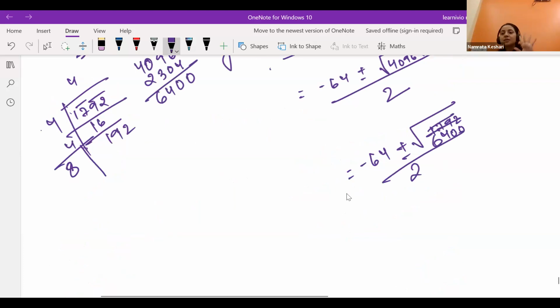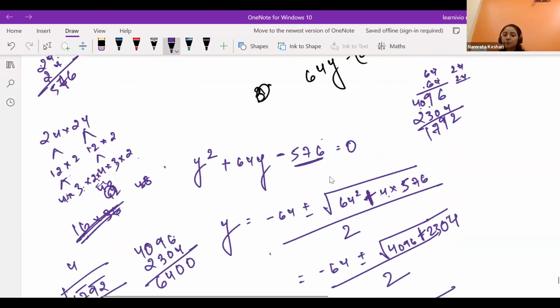Are you getting the same quadratic equation? Yes, ma'am. Okay. I got stuck because I subtracted them. But think about it, our c is negative, so it will be a plus sign in between, right?